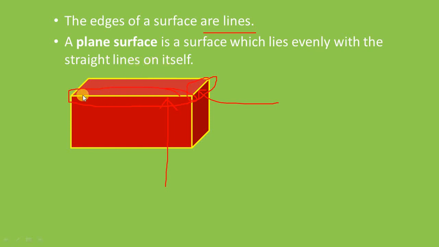So this is the plane surface. It is covered by a boundary made of lines. These are the lines which form the surface. So these are the points Euclid explains by giving the definitions of point, line, straight line, surface and plane surface.